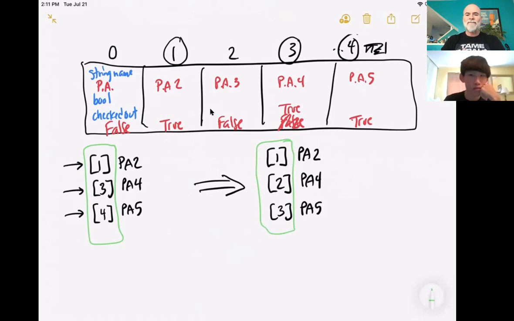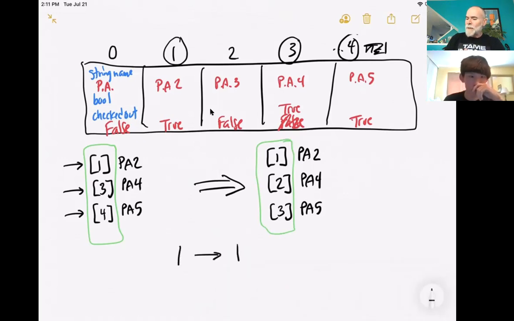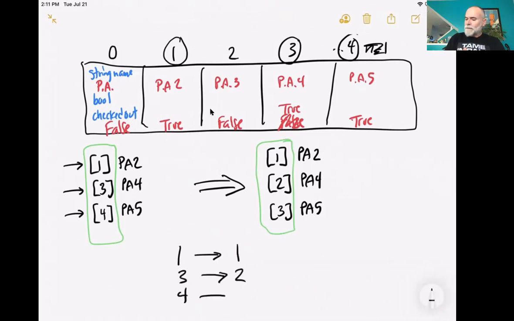And it's tough because there's no easy mapping of these data elements. In other words, 1 doesn't map to 1, 3 doesn't map to 2, and 4 doesn't map to 3 at all.